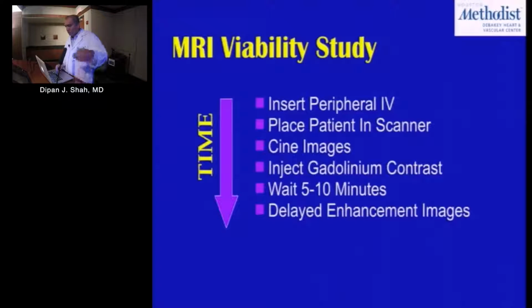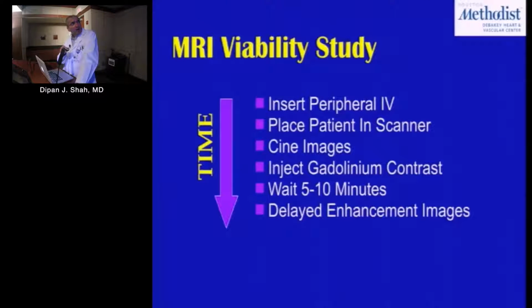Let me kind of turn the table now to say, how do we utilize this technique? How do we do this in humans today? So one of the unique things is it doesn't require stress. Viability assessment by CMR really involves placing a peripheral IV. The patient goes into the scanner. We're going to acquire a set of cine images, which allows us to look at contractile function and look for regional wall motion abnormalities.